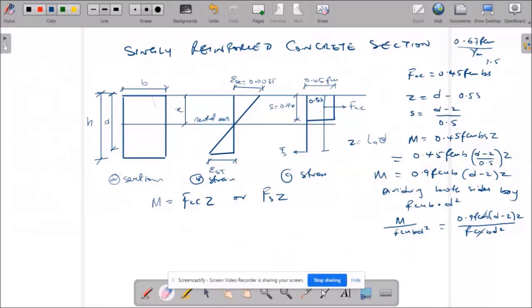So what we have here is M over FCU B D square is equal to, when we simplify, 0.9. What will remain here is the bracket D minus Z, with Z still outside, over D square.